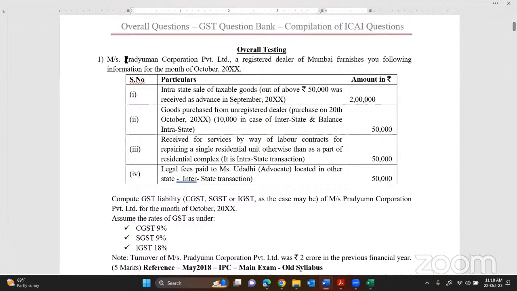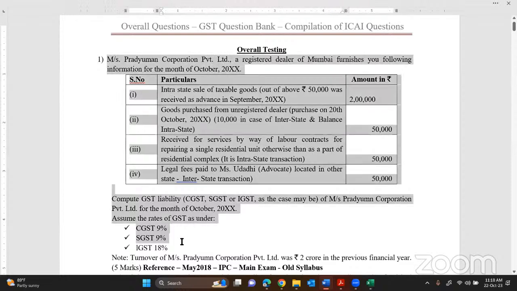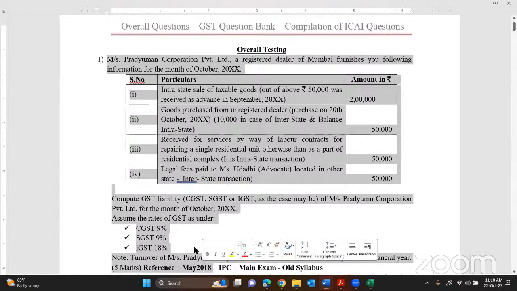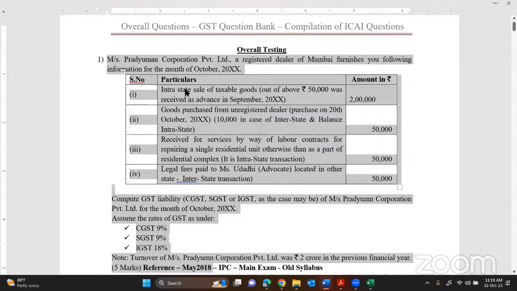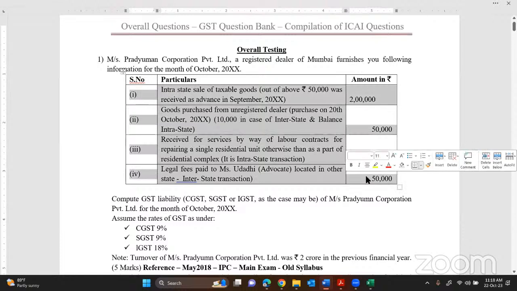First, look at this. Pradyumna Corporation Private Limited, a registered person in Mumbai. See, this is also very similar to the Himanshu problem. But the difference is in the Himanshu problem, they have given what is purchase and what is sales separately. Here they have clubbed everything together. And this is more challenging than that type of problem. That is why I'm preferring to solve this type of problem first.